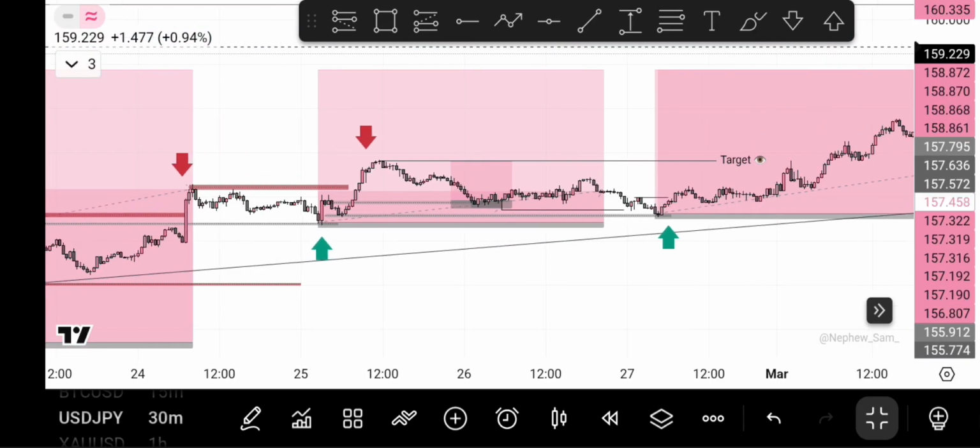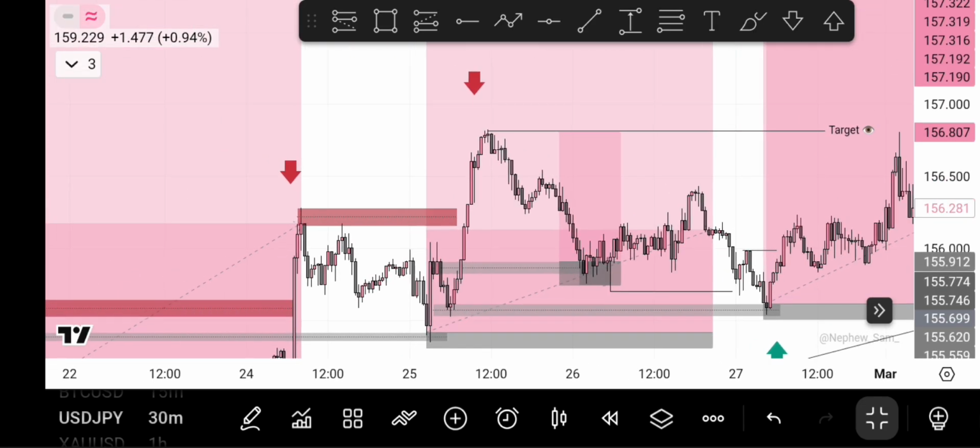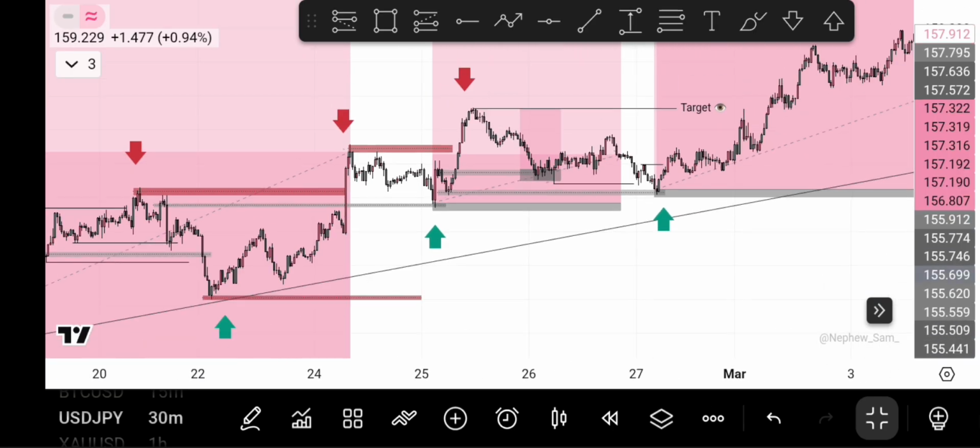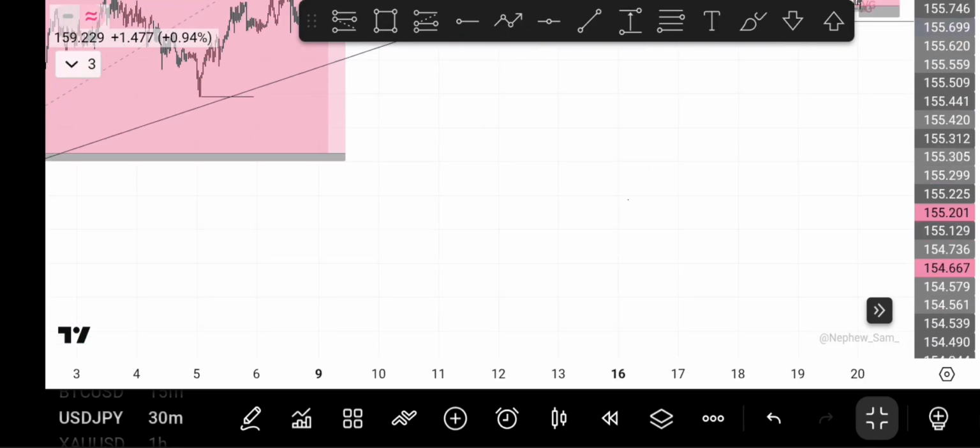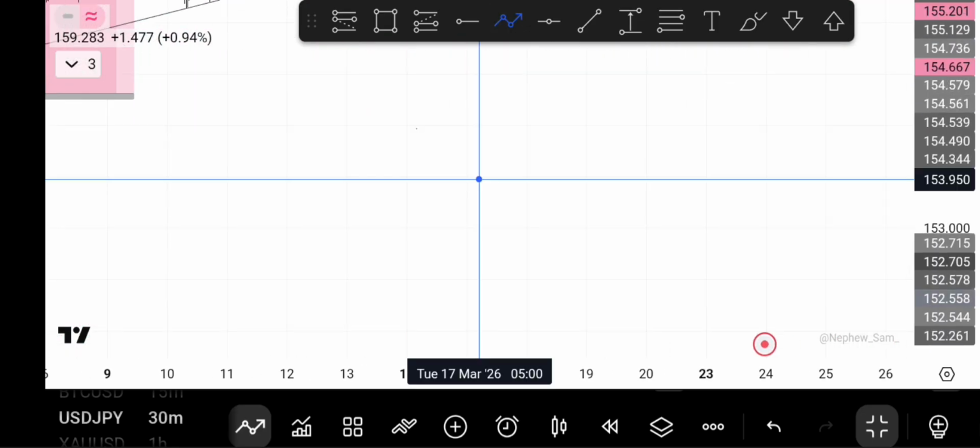Looking at this, you can see, one, we don't use candles to identify a higher high. What we use to identify a higher high or a higher low is the structure and the recent high printed.